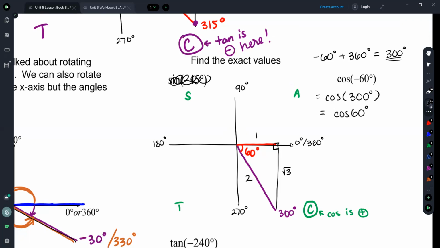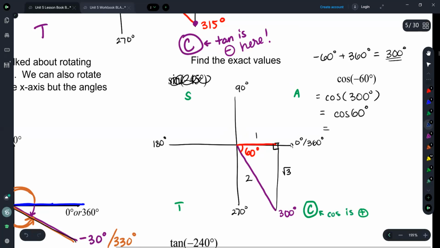So positive cos of 60, who can tell me the final ratio here? What's that equal to? Using opposite, adjacent, hypotenuse with this as your reference. Colin? 1/2. Adjacent over hypotenuse, 1/2. So this will be positive 1/2.